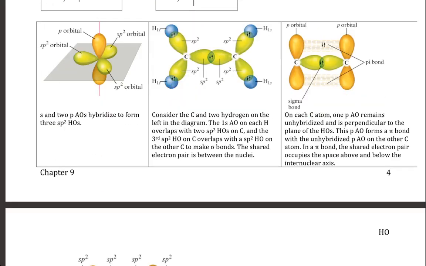The diagram on the left shows us the picture with carbon in the center and the 3 sp2 hybrid orbitals shown in green, the unaffected p atomic orbital shown in orange. Of course, you recall that that's one orbital with 2 lobes, that p atomic orbital.